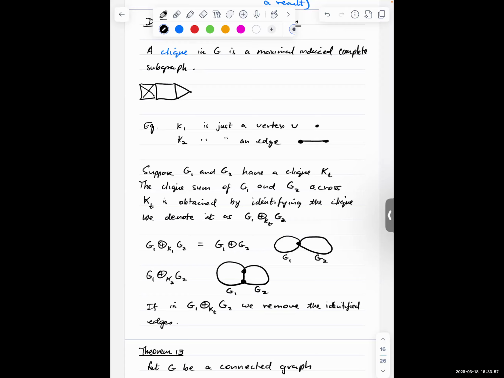So this is a clique, right? That's K3, and it's maximal induced, you're not missing any edges. This one is also a clique, right? That's K4. They're both maximal induced subgraphs, all right?